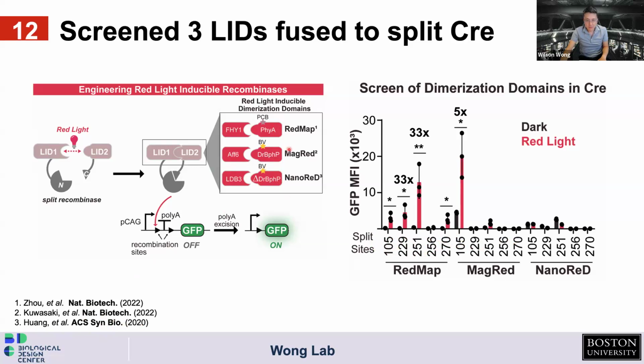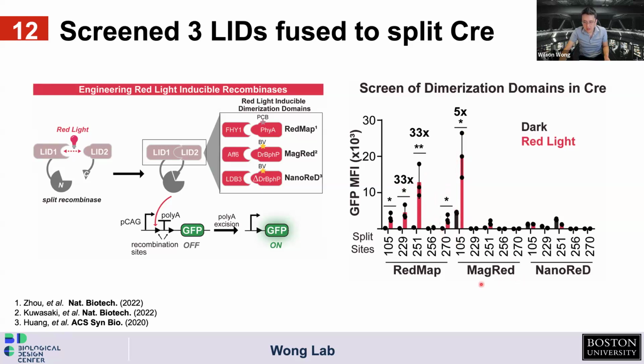These are the papers that published these systems. We wanted to see which one works with Cre, and that took a long time. Ultimately, I think RedMap works the best. You can see here it has the highest fold change. In this case, in Mag red, this 105 split site gives you a little bit higher gene expression at the end, but it has more basal activity.